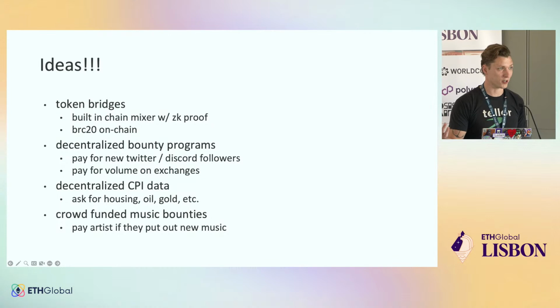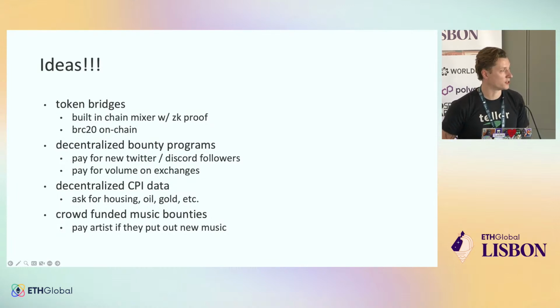You can use an oracle to bring on how many Twitter followers you have, how many Discord followers your channel has, how much volume your token has. And then you could set up bounties in a decentralized way, like, hey, I'll get you 500 new Twitter followers. The oracle will bring on the start Twitter followers and the end Twitter followers. If you bump that number up by 500, you're going to get this bounty. You could do something like that with an oracle.